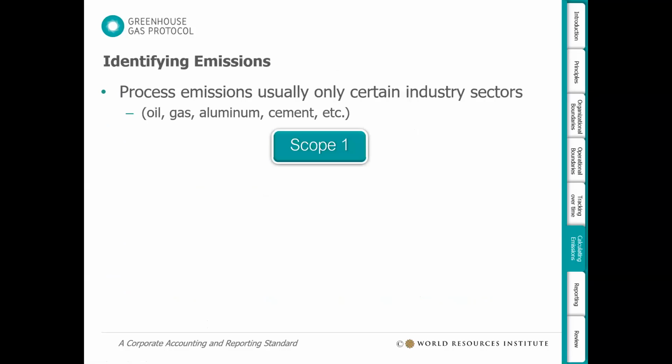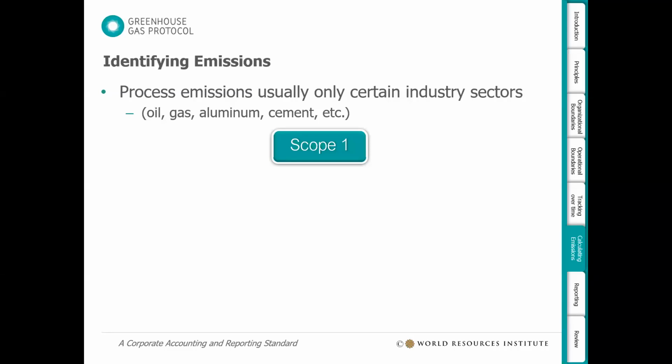As a first step in calculating emissions, you should try to identify the direct emission sources in each of the four source categories. Process emissions are usually only relevant to certain industry sectors, as I mentioned, such as oil and gas or aluminum sectors. Manufacturing companies that generate process emissions and that own or control a power production facility will likely have direct emissions from all the main source categories.